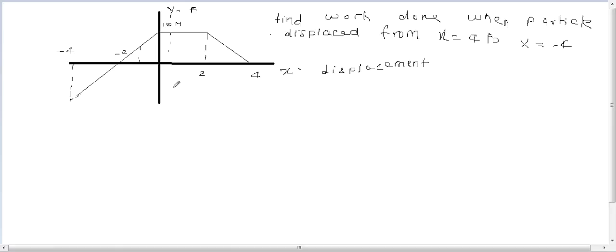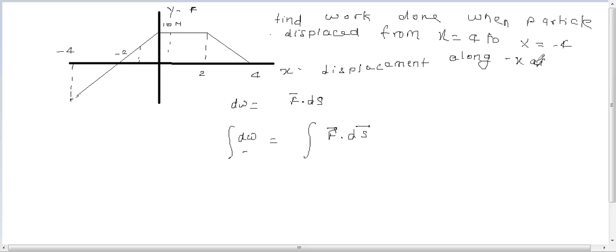Okay guys, we know that dW, the work, is equal to F dot ds. In this question, the object is moving along the x-axis.